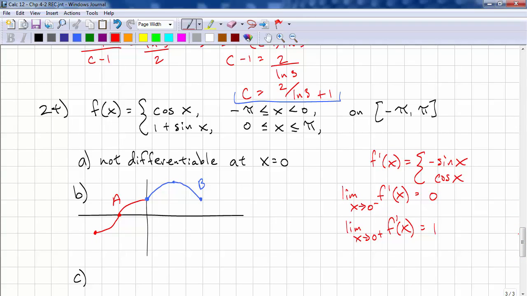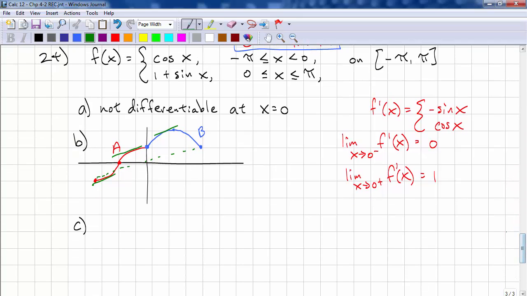Okay, so because we can't use the mean value theorem, doesn't mean that there isn't a value that we can find. So that's the average rate of change. And we can see that we match here, we match there, and we also match down here. So let's find these values. Analytically, we need to find the average rate of change, so we do f of negative pi. This is cos negative pi, and that's negative 1. We need to find f of pi.